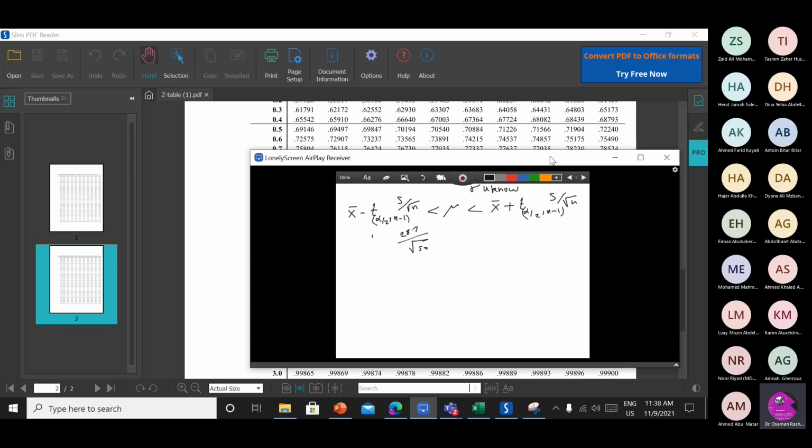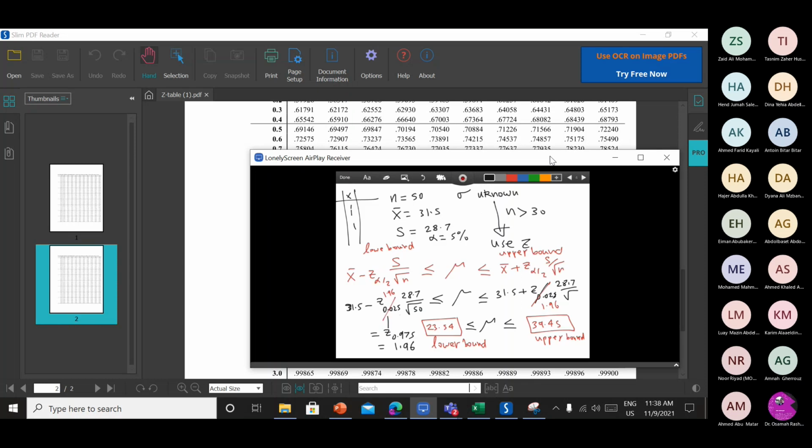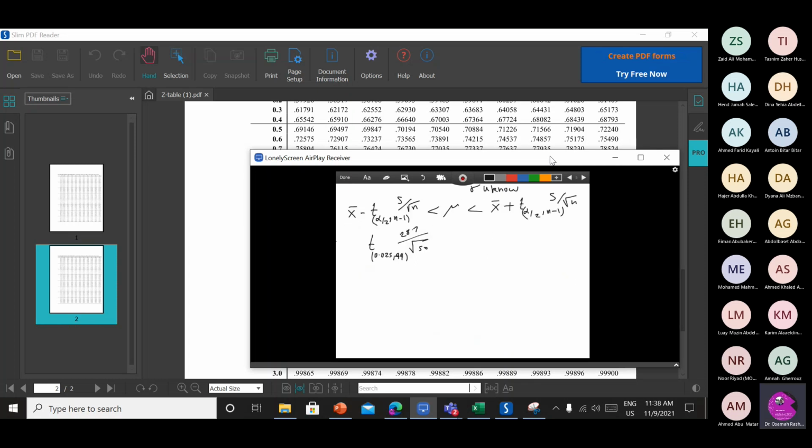Okay. T for alpha, alpha is what? 0.05 over 2, it will be 0.025. The degree of freedom is 49. Okay. X bar is what? By the calculator, if I do it by hand, 31.5. Okay.